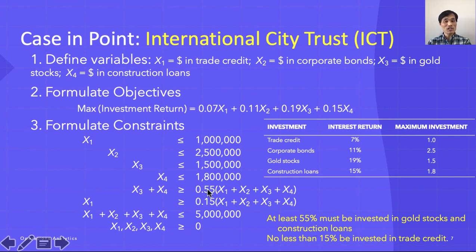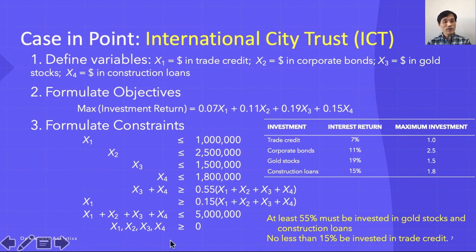And total investment can be defined as X1 plus X2 plus X3 plus X4. That's our total investment. So X3 plus X4 has to be greater than or equal to 55% of total investment.